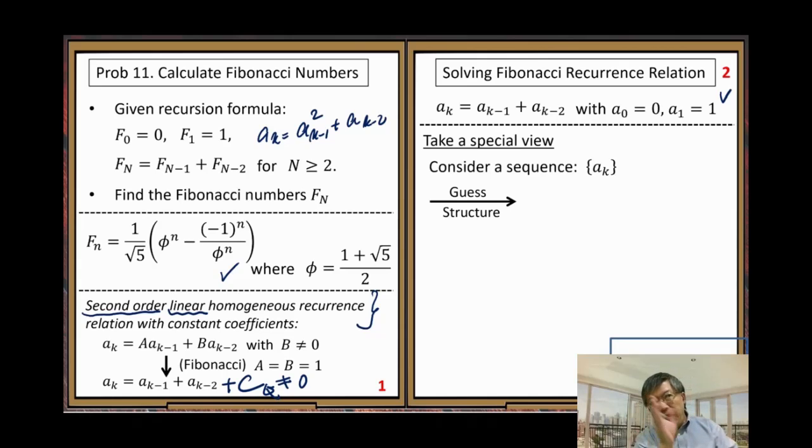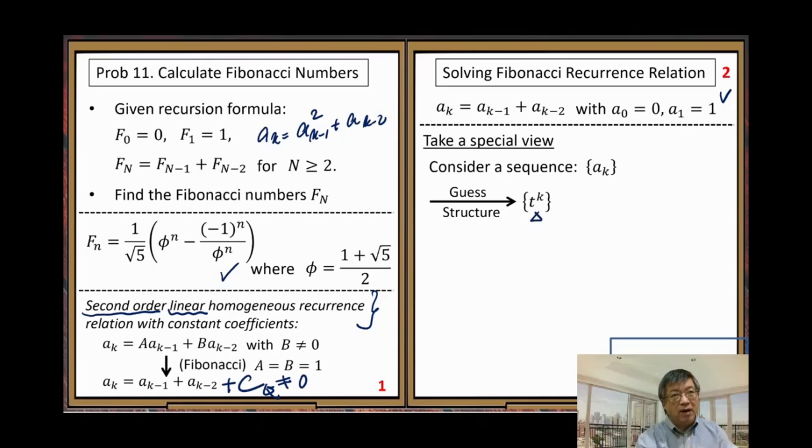If we can guess the right structure of the sequence, then it will be much easier. So you can see the guessing work is extremely important in problem solving. All right. Here, how about this guess?